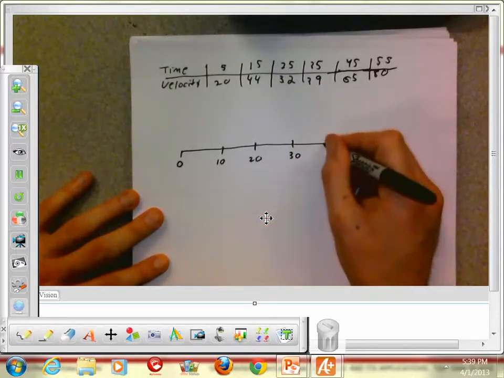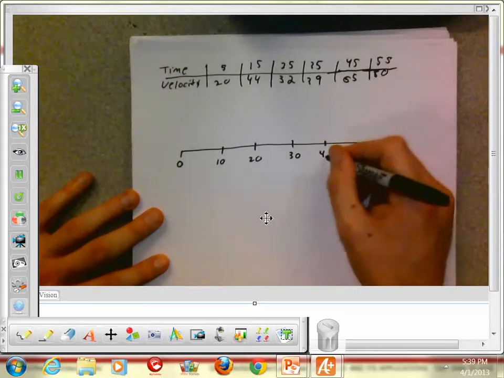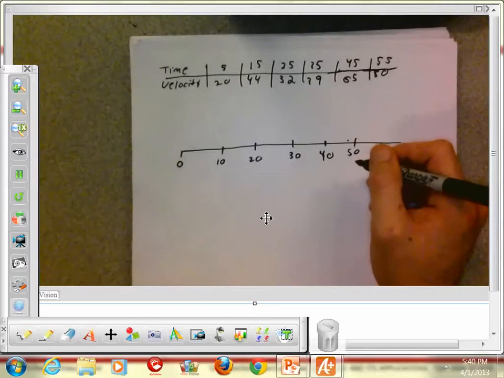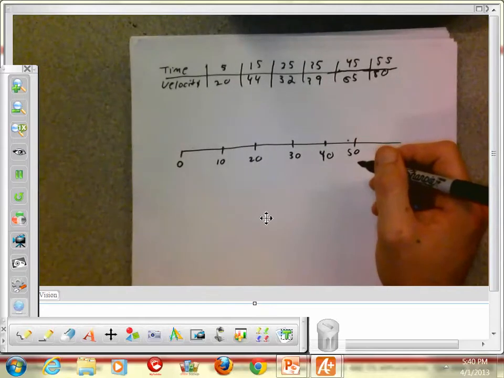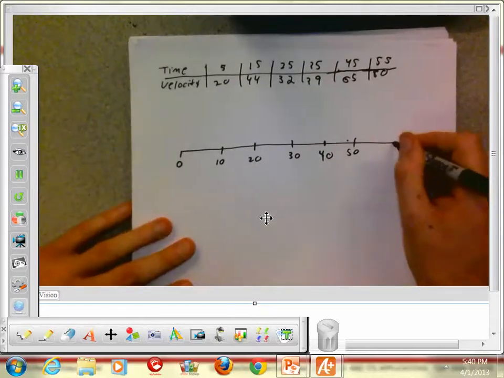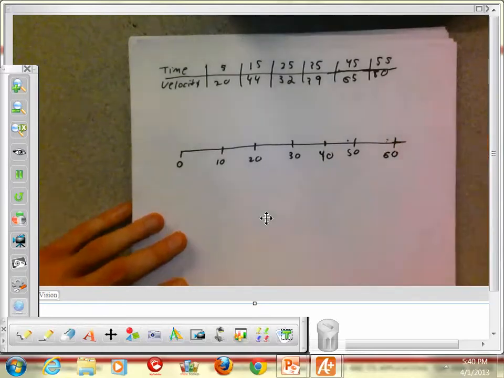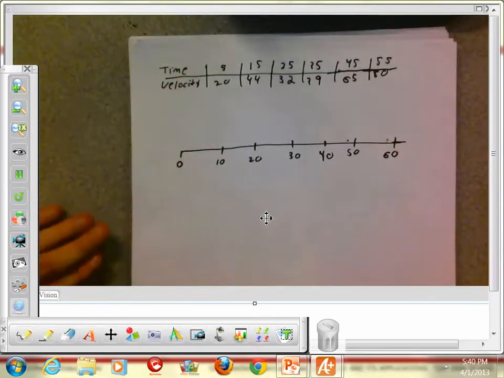Then we have 40. Then we have 50. And then finally, we have 60. Okay, so if you'll notice what they did is they gave us the midpoints of these intervals. Can everyone see that all right?